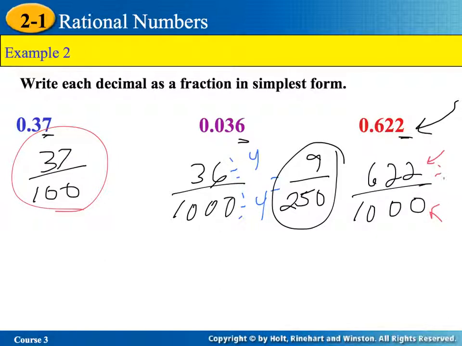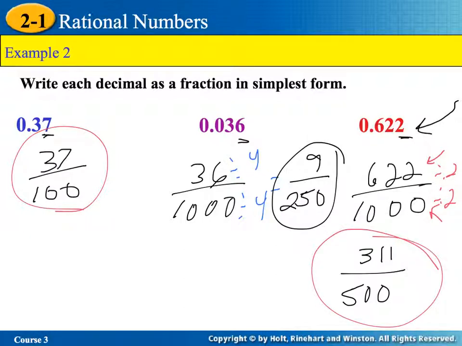Because they're even numbers. 622 divided by 2 is 311. 1,000 divided by 2 is 500. Is there a number that goes into 311 and 500? Not that I know of. So right there, there isn't another number. 311 over 500.